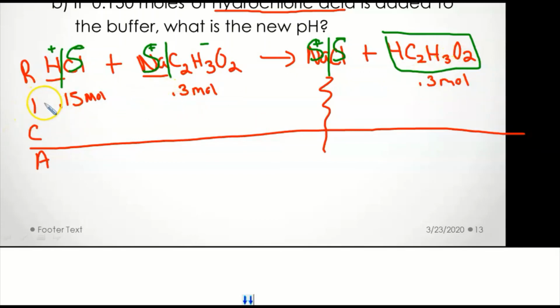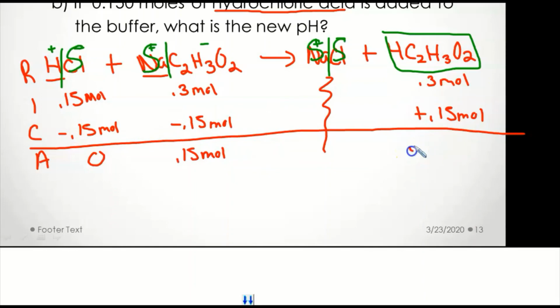The smallest number is going to go away. It is the hydrochloric acid, and it's 0.15. If we subtract here, we add over here, and get 0.45 moles.